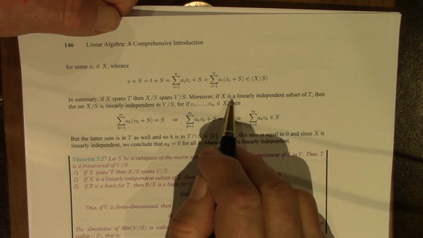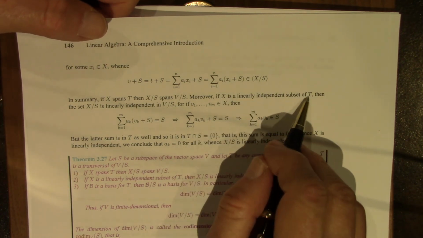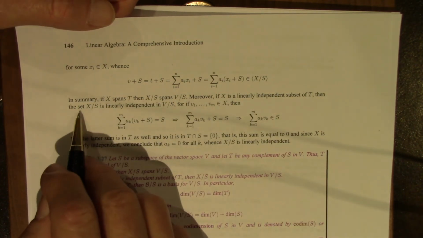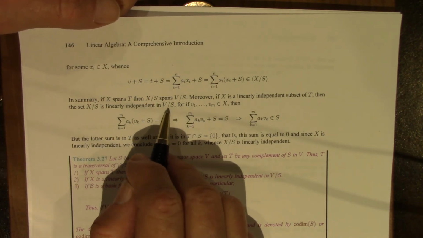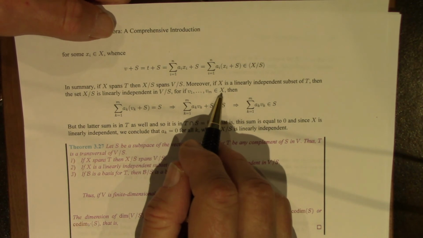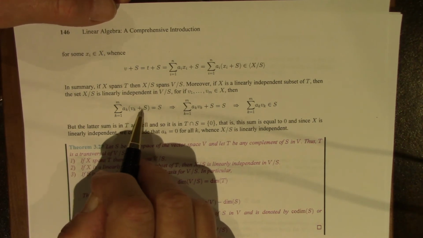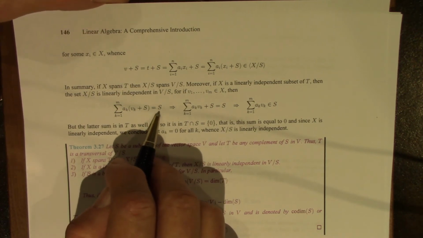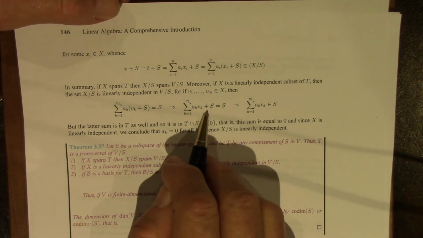Also, if X is linearly independent, as X is a subset of T and it's linearly independent, then X mod S is linearly independent in the vector space V mod S. Because if we take some vectors from X and form the cosets, take a linear combination, and set it equal to 0, remember, this is the 0 vector in the quotient space, then we can write it this way.